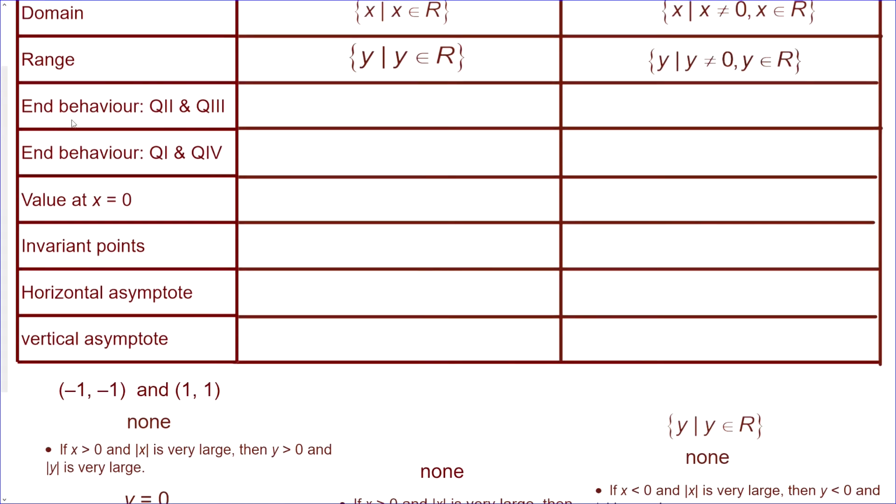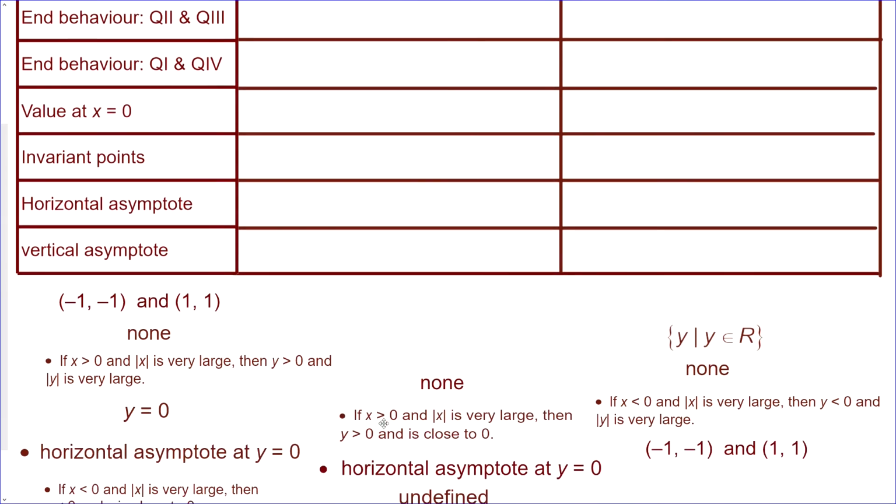Okay, the end behavior. That's what the graph is doing at the ends, if it could have ends. So in quadrant 2 or 3, on our left quadrants, what's the graph doing? So let's see, y equals x. That would be when x is less than 0 and the absolute value of x is very large, so it may be approaching negative infinity.